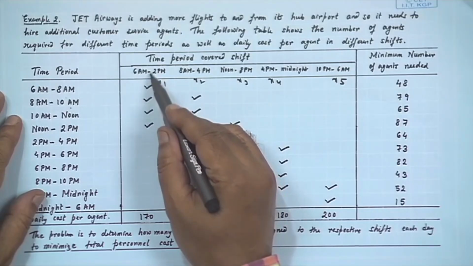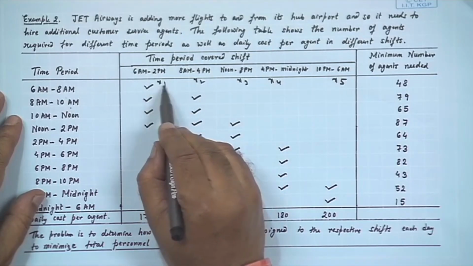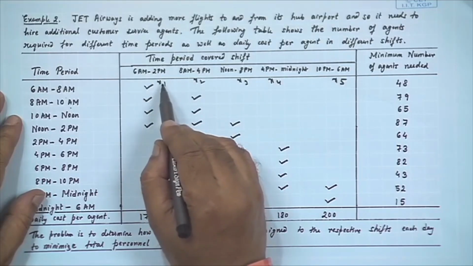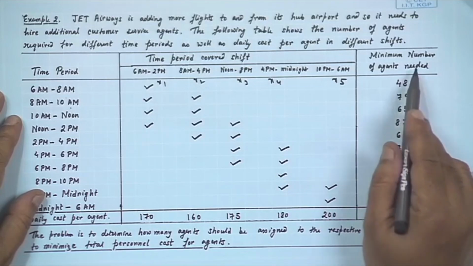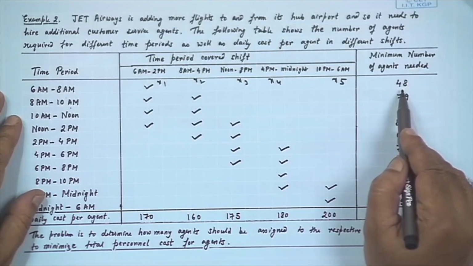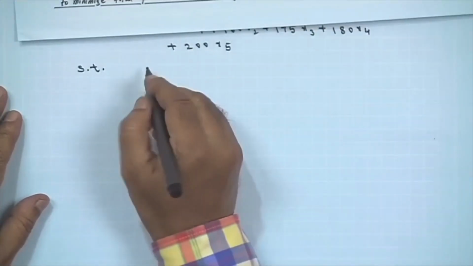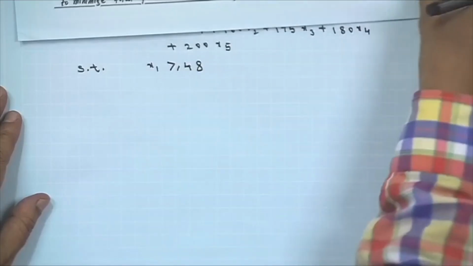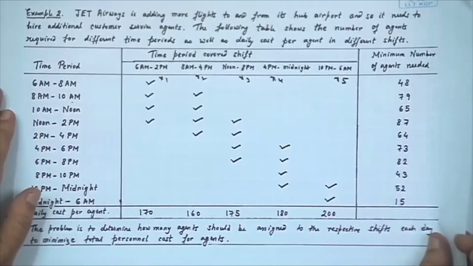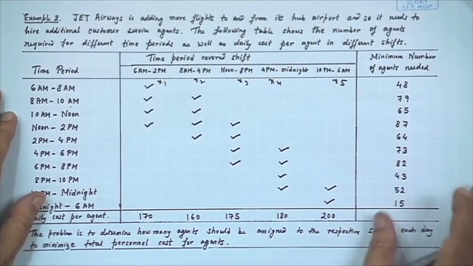All of them come from the time period 6 a.m. to 2 p.m., so the corresponding variable is x1. The value of x1 should be, here we have been told the minimum number of agents required. So, subject to x1, it should be greater than or equal to 48. We have given greater than or equal to 48 because this is the minimum number required, it may be more also.